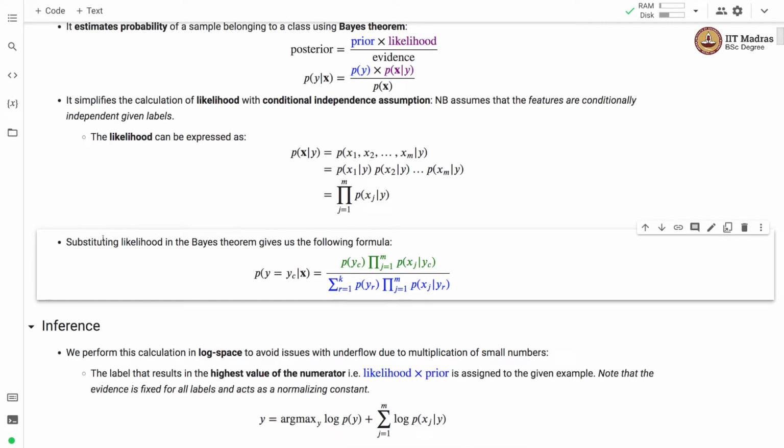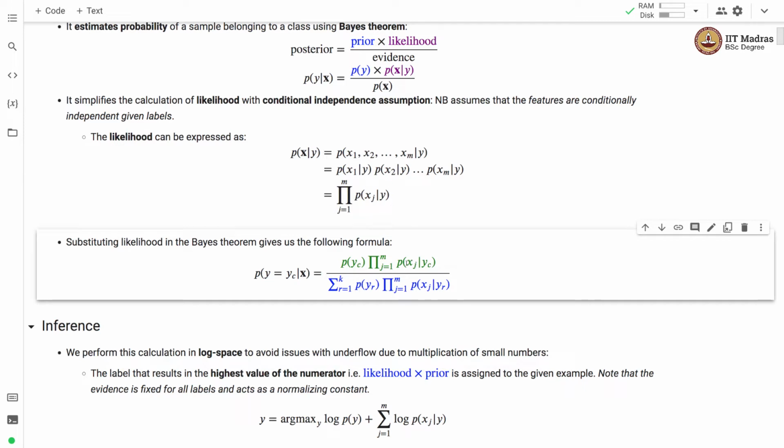Now we can substitute the likelihood in the Bayes theorem. Let's say we want to find out the posterior probability of a sample belonging to class yc. So this becomes the prior probability of yc into the conditional probability of each feature given label yc, and the product of that, which is what we got from this particular formula.